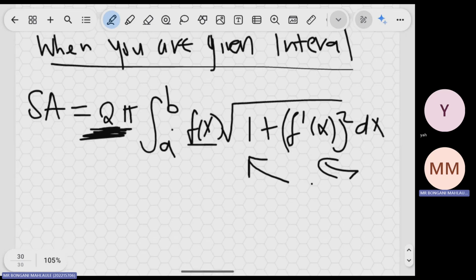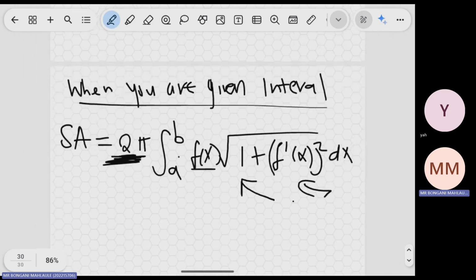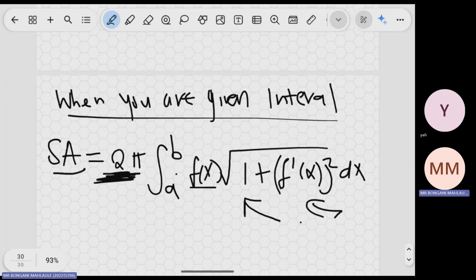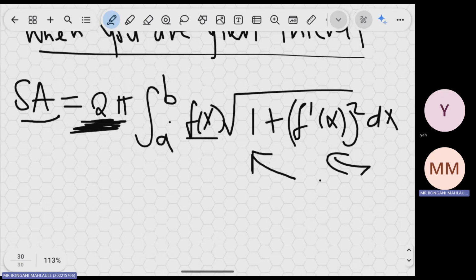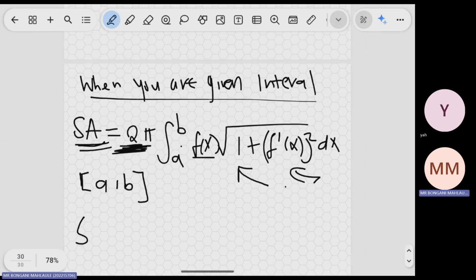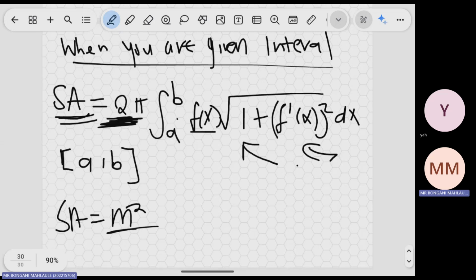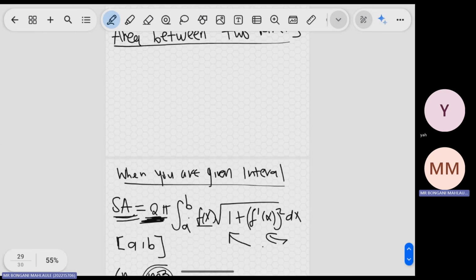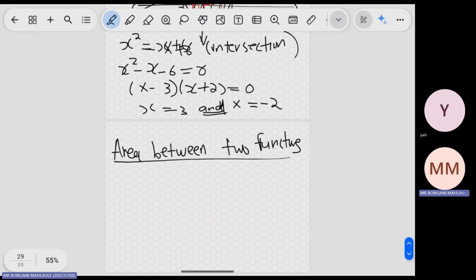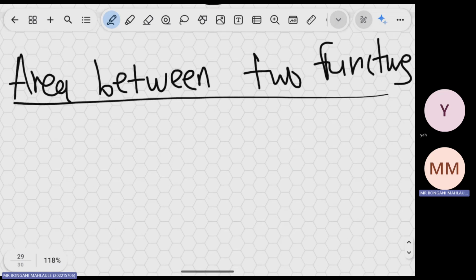This one is the area of what? I don't know what they wrote in your guide, surface area of a curve. Usually they will give you the interval a and b. You'll only have to substitute and get what your surface area is in meters squared, obviously. But I don't think they'll penalize you if you don't write meters squared. It's not really necessary.